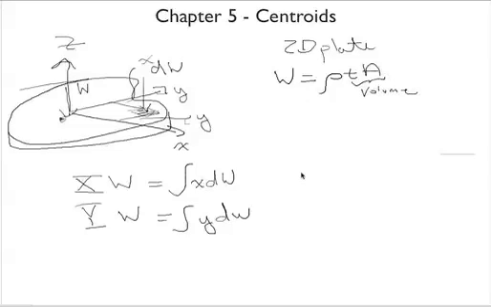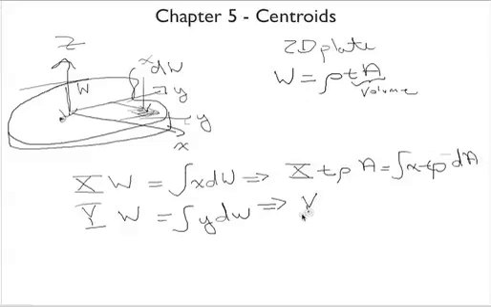All right. So we can rewrite this using that information and get x, thickness, rho, area equals the integral of x, thickness, rho, and now we replace the dw with a dA. Same thing with the y: y, thickness, density, total area of the plate equals the integral of y, thickness, density, and dA again.